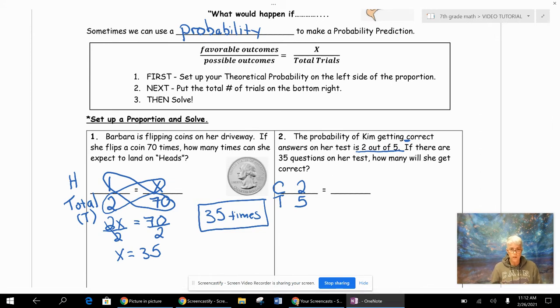So every 5 questions, she gets 2 right, theoretically. So now we have 35 questions. So again, we're going to cross multiply and divide. 5 times x is 5x. 35 times 2 is 70. Again, cross.